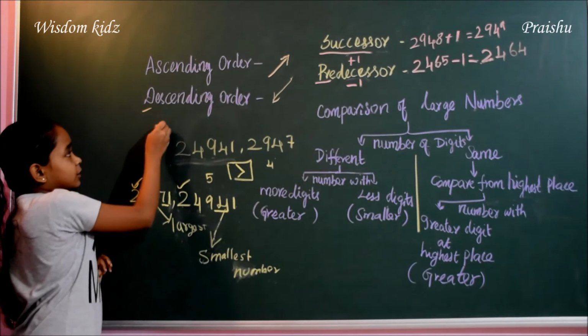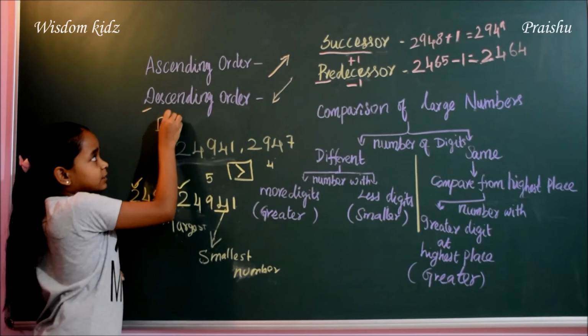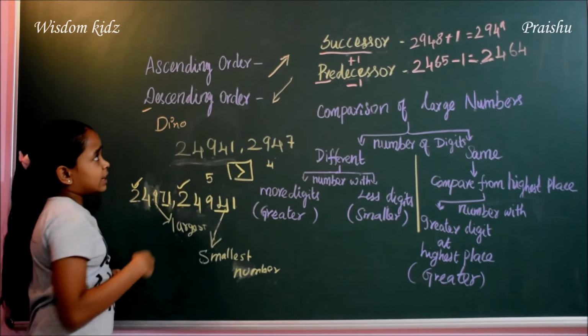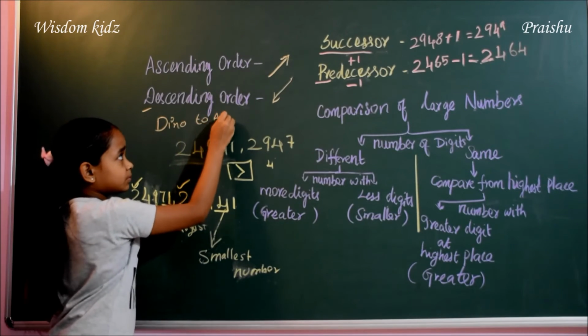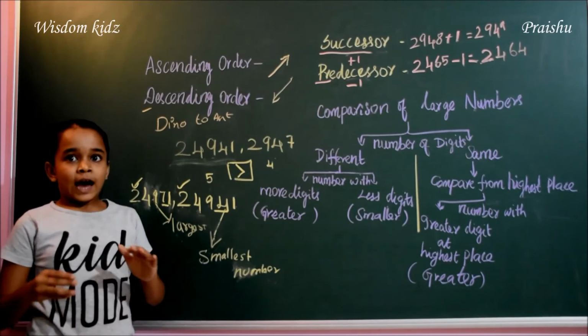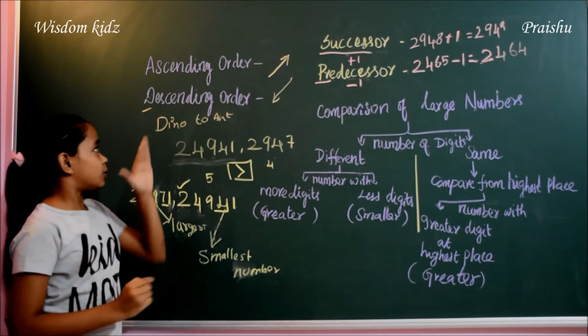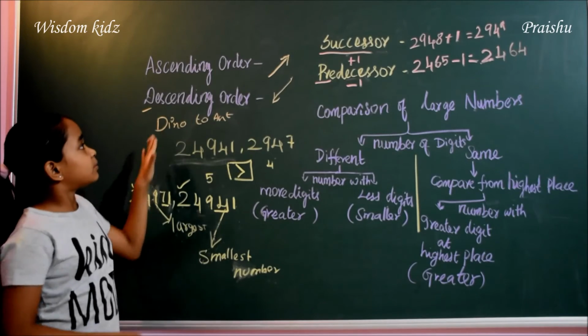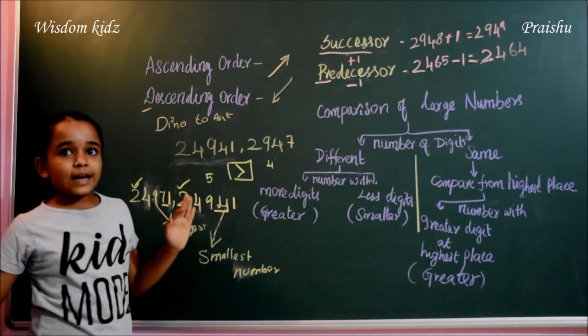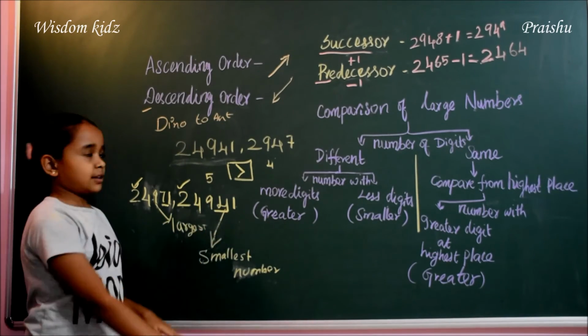D for descending, you can remember the dino. Then dino to ant. Is ant bigger than dino? No, dino is bigger than ant. So remember that big to small, dino to ant.